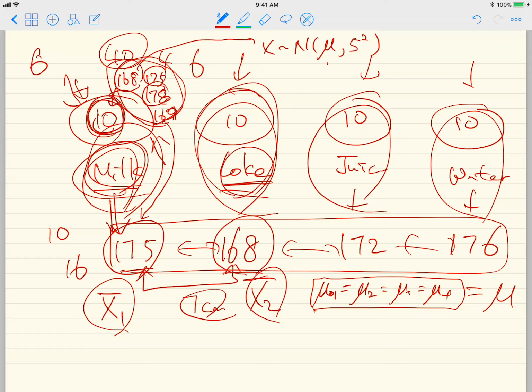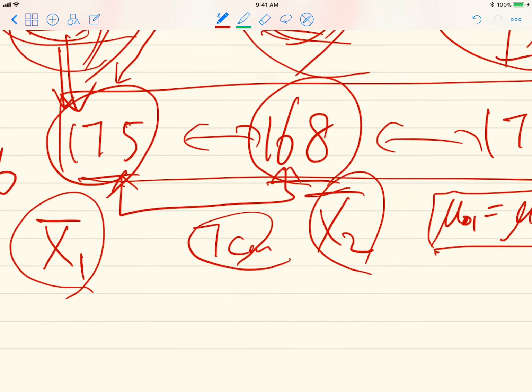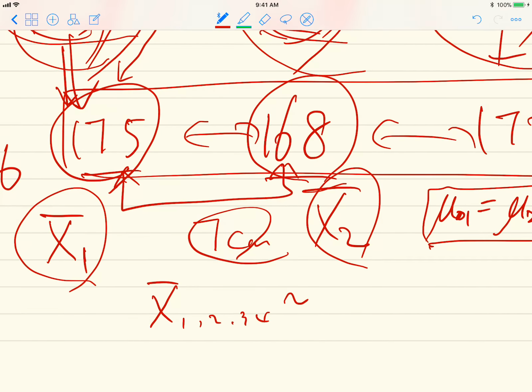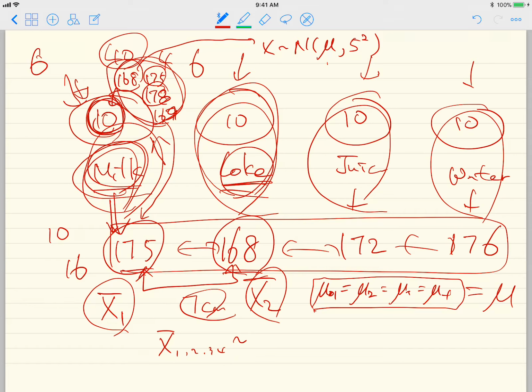And what about their distribution? x1, 2, 3, 4, each of them follows the same distribution. We are again considering the situation where the means are the same, and of course the variances are all the same for an individual person's height in all of these groups.